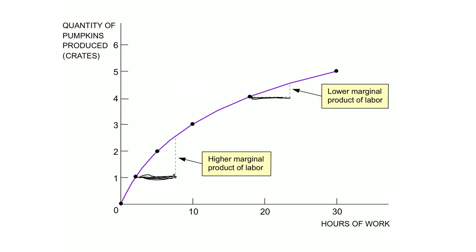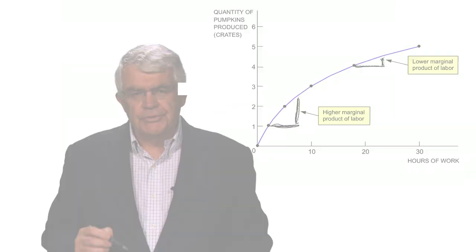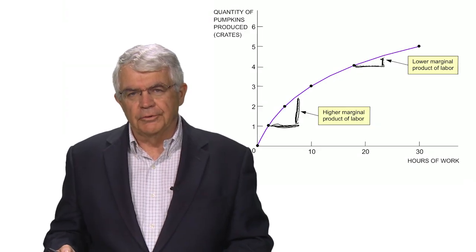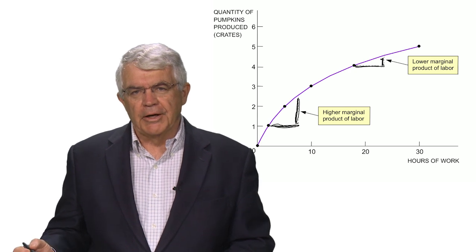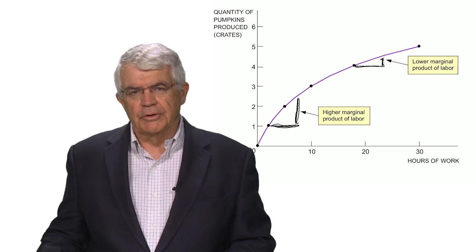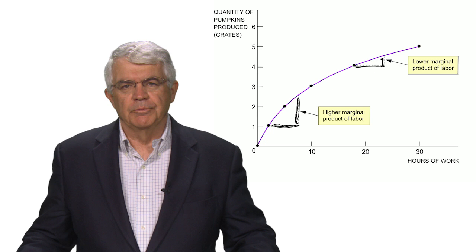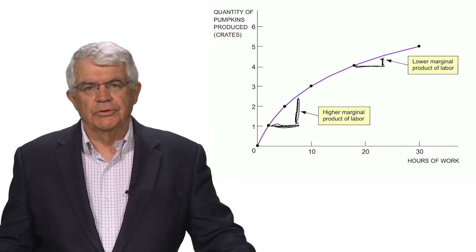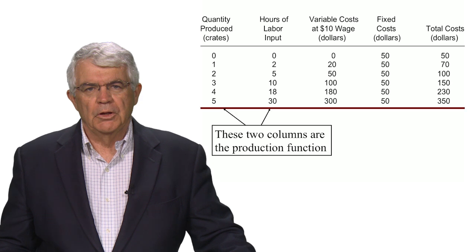But at low levels of production, that gives you a bunch of extra output. But up here, just a teeny bit. And so the marginal product, the extra product you get from an additional unit of work, is much smaller at these higher levels of output than at lower levels of output. That's what we mean by diminishing marginal product of labor, or diminishing returns to labor.